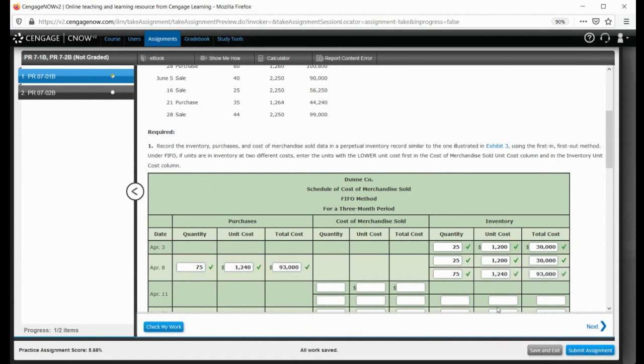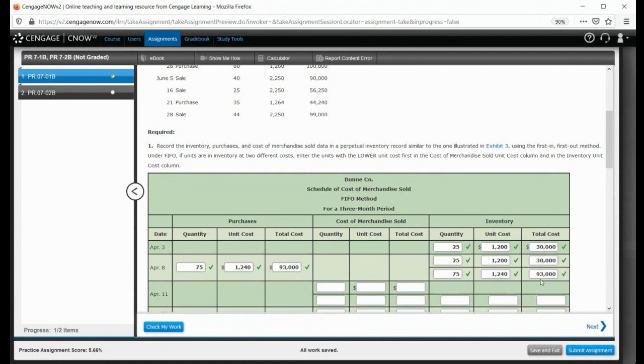Now, technically, our ending inventory would consist right now of 100 units of the inventory that we're working with, and the total cost of that ending inventory at April the 8th would be 93,000 plus the 30,000 from the beginning inventory.